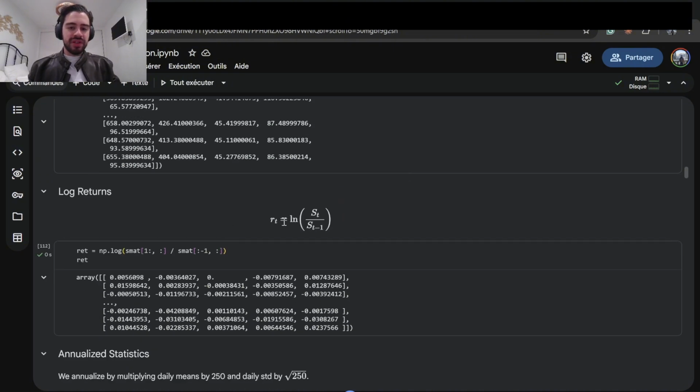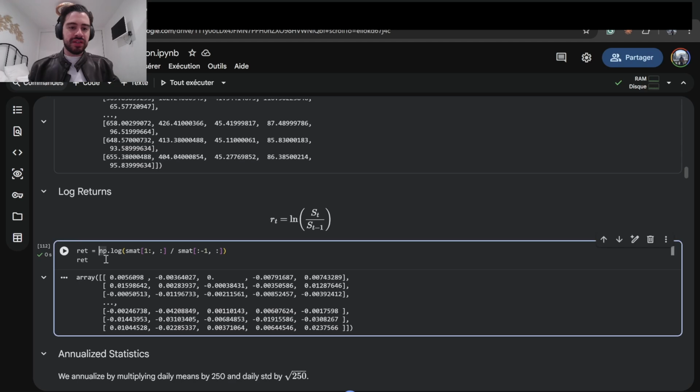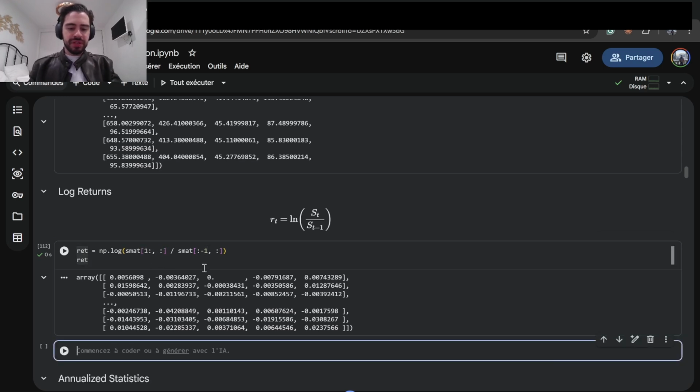Starting with the log returns, this is an unusual way that I learned how you can use it, but it's intuitive. Imagine you're excluding the first line here and dividing by a value where you exclude the last line. For example, imagine I have 10 lines, from D0, D1, D2, D3.